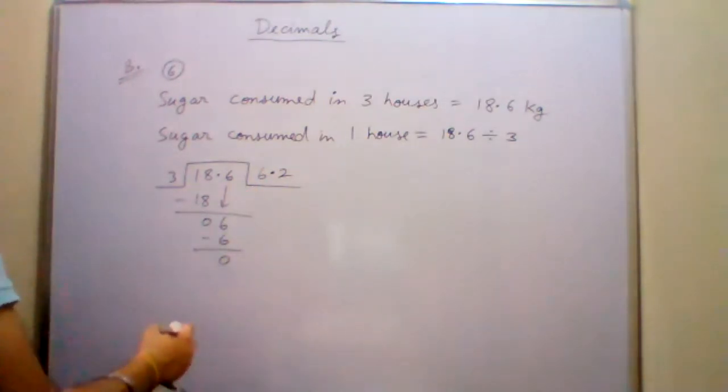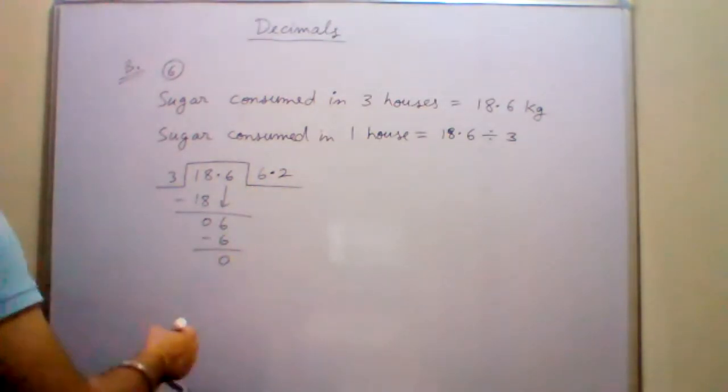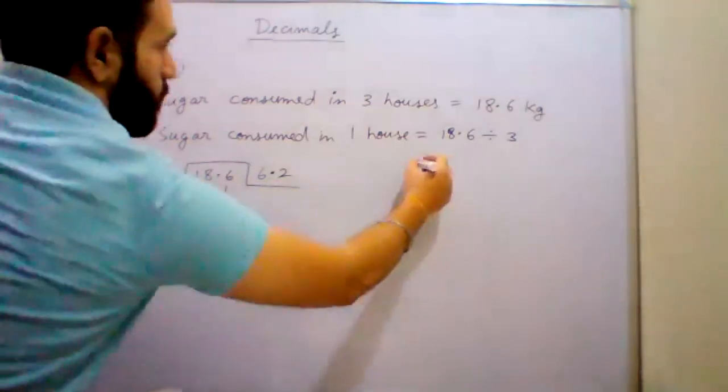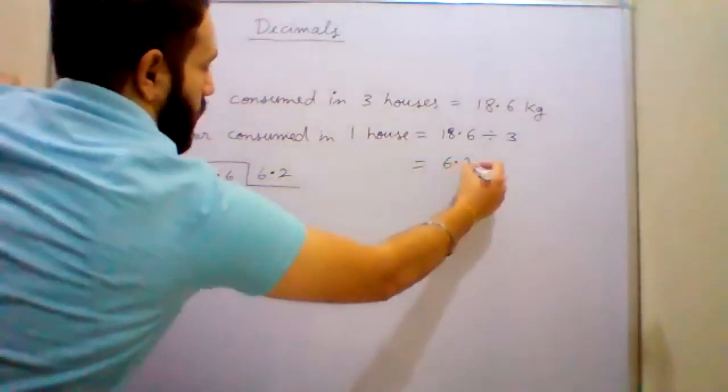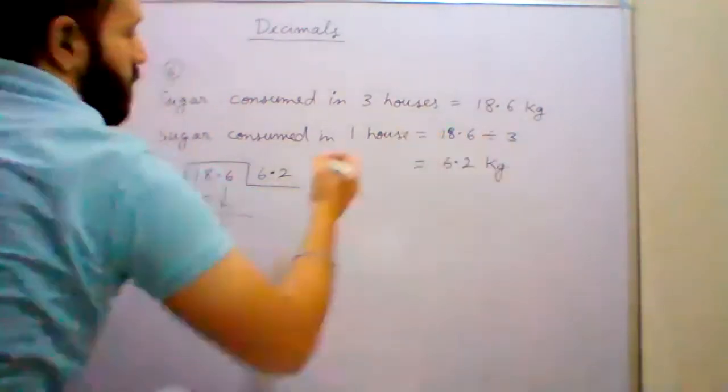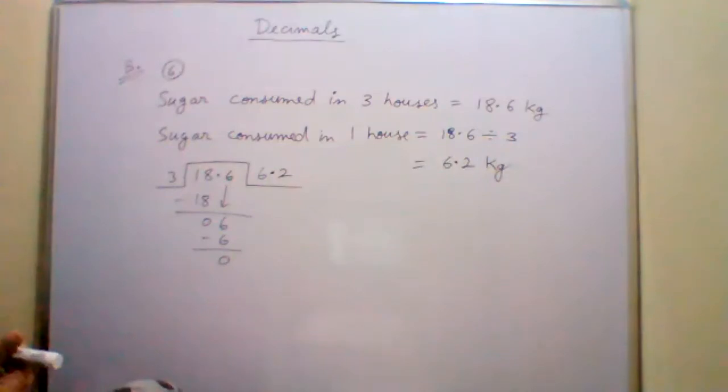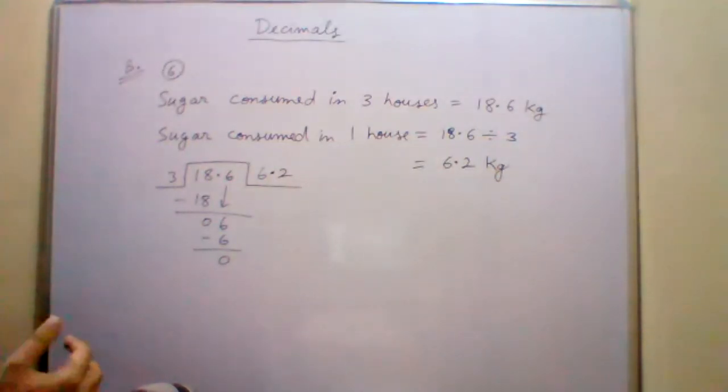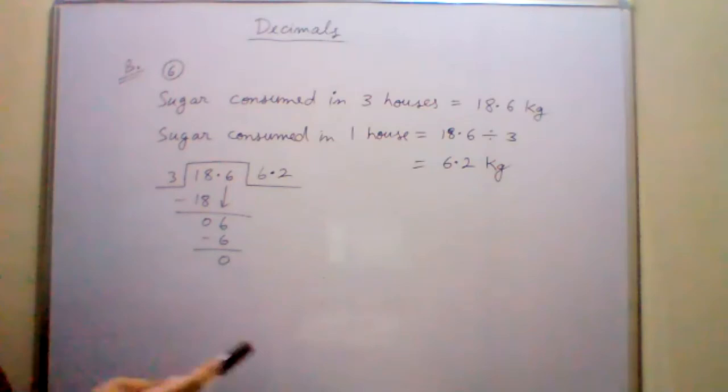Remainder 0. Answer is 6.2. So 6.2 kg of sugar is consumed in 1 house. Clear? Yes, okay, sir.